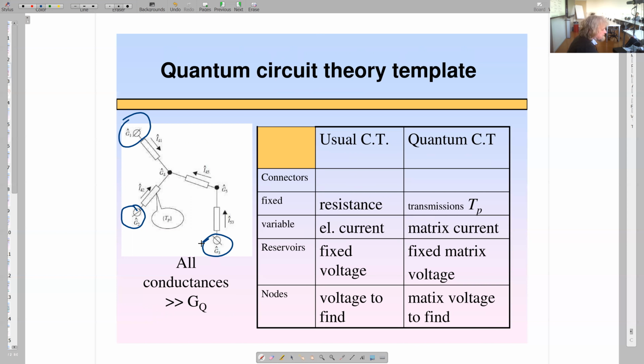In quantum circuit theory, this voltage can also incorporate, say, information about filling factors, can depend on energy, can be more complex, but anyway, it is fixed in the reservoir, in the lead. Second element is a connector.